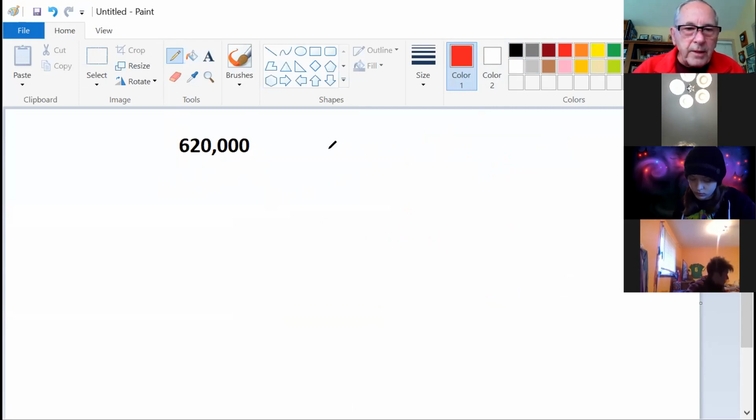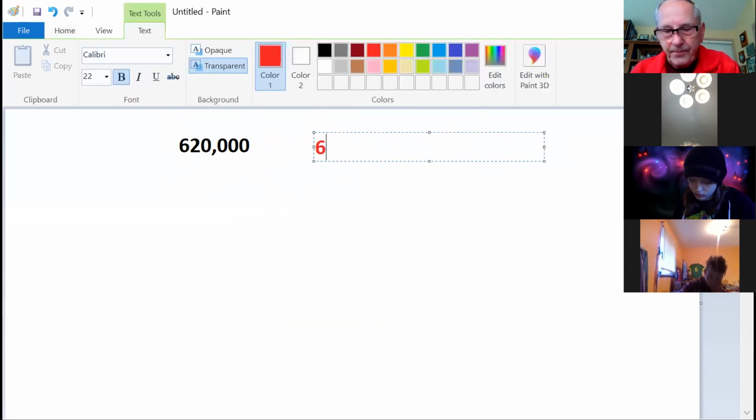What we want to end up with is a whole number and a decimal. In other words, a number from 1 to 9 and a decimal. So we want to end up with 6.2 times 10 to some power, right?